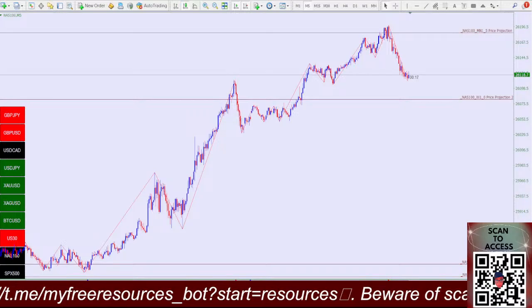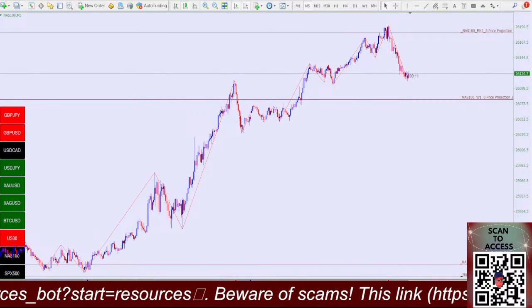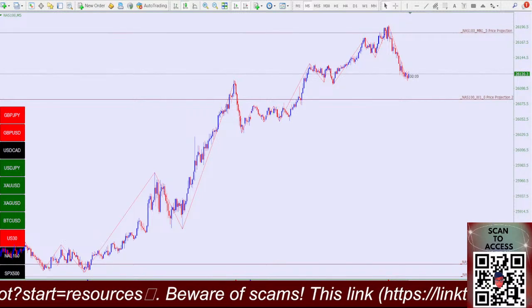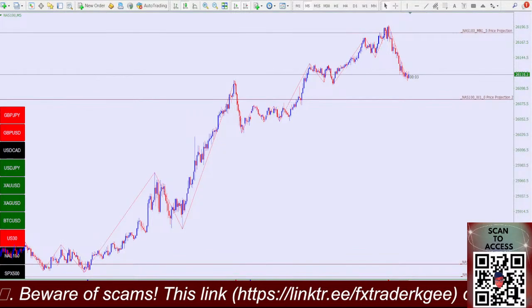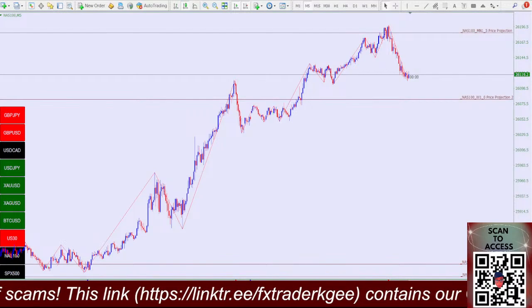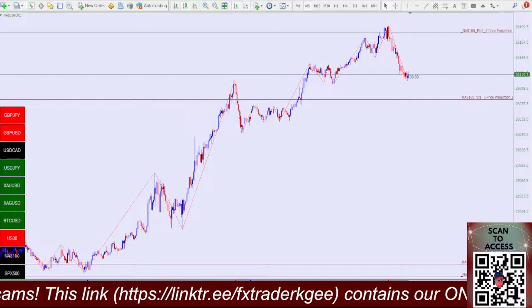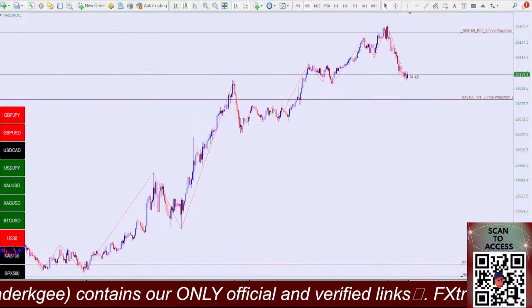Don't worry if you are new to trading or you have never heard of this before. I know you may have heard about it, but I'm going to explain it in terms so that everyone can follow. That makes it beautiful. Now, some people call this concept Fibonacci or smart money levels.